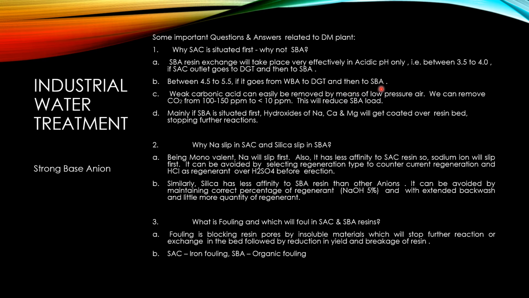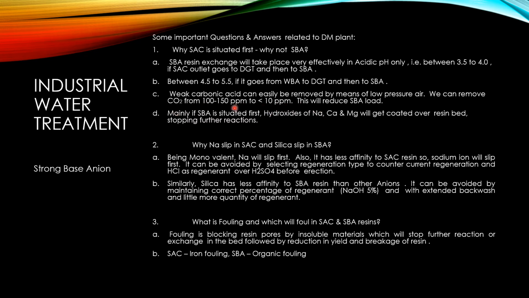The remaining load will all get treated in SBA in the acidic range. Weak carbonic acid can be easily removed by means of low pressure air, which happens in the degasser tower. So we can remove the carbon dioxide from 100 ppm, which is normally present due to the bicarbonates of calcium, magnesium and sodium, and that can be reduced to less than 10 ppm.